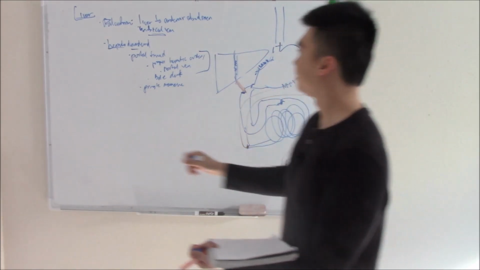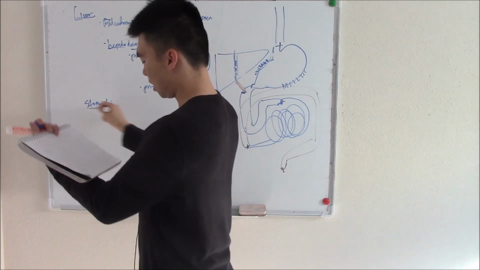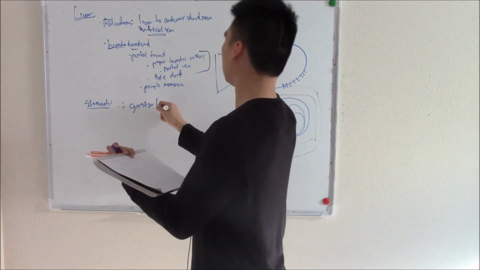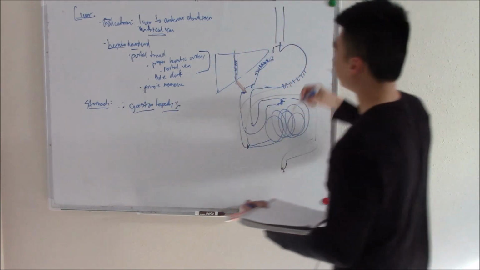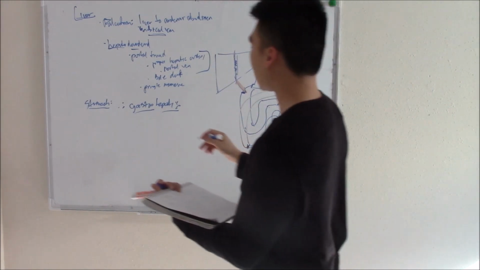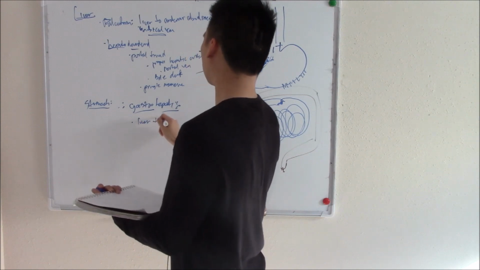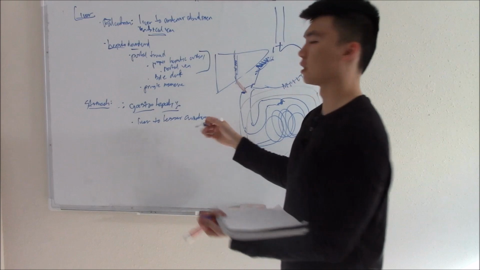So your stomach needs a lot of ligaments to attach to things. One of them is going to be your gastrohepatic ligament. What do you think that attaches? Your stomach to your liver, right here. So it attaches your liver to the lesser curvature. What blood vessels do you think are going to be here?